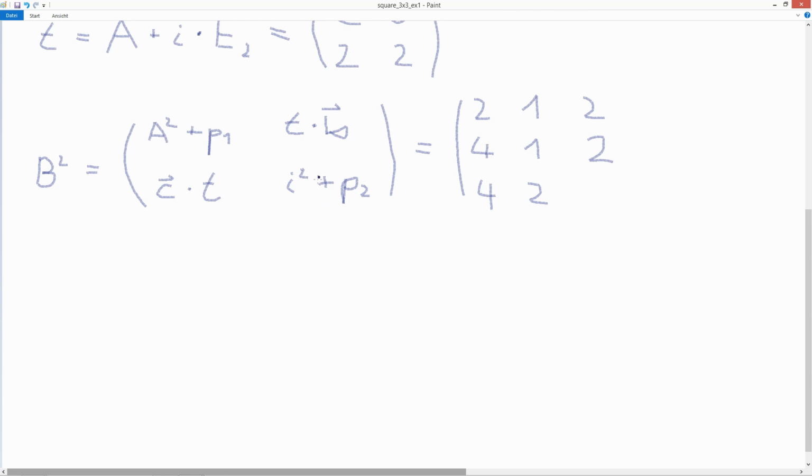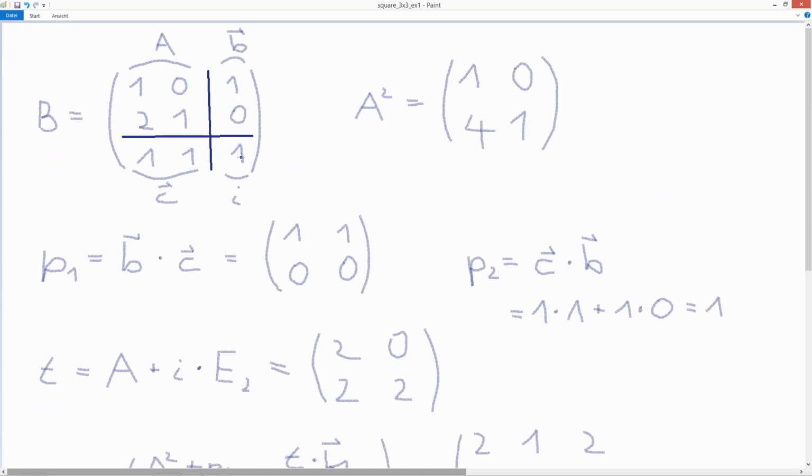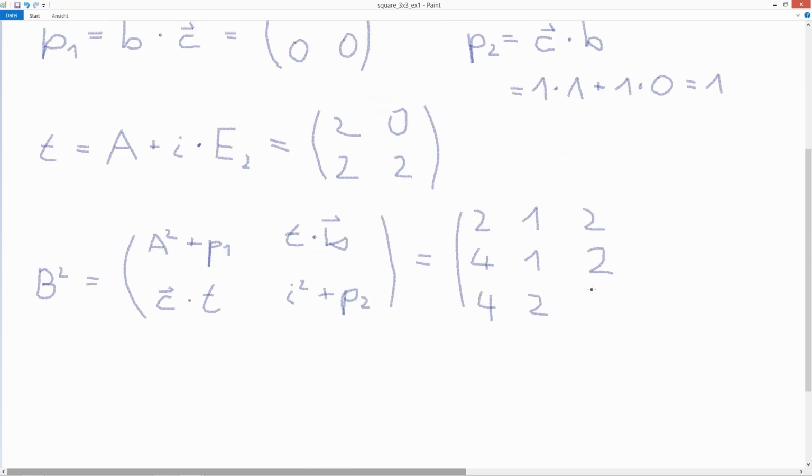The last thing we have to calculate is I squared plus P2. This is 1 squared, which is 1, plus P2, which is 1. So 2. Now we've found the matrix B squared.